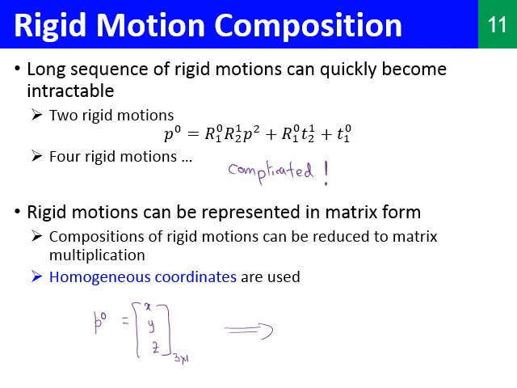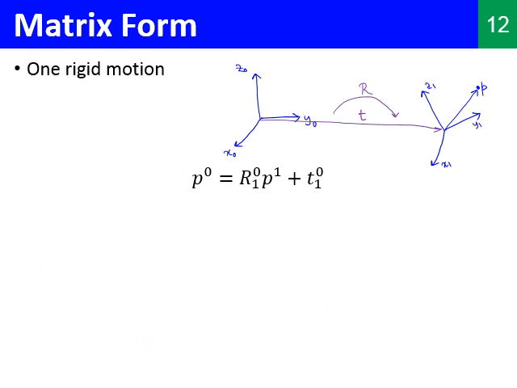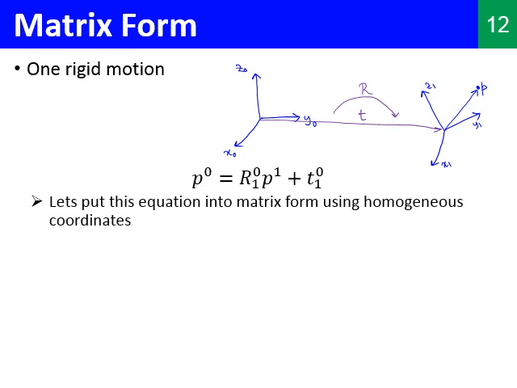Let's call that capital P0 now, because it's going to be using homogeneous coordinates, and we have x, y, z, and as the fourth element we'll have 1. The reason will become clear shortly. For a single rigid motion, we have the following diagram and the equation. Can you try to put this into matrix form using homogeneous coordinates?